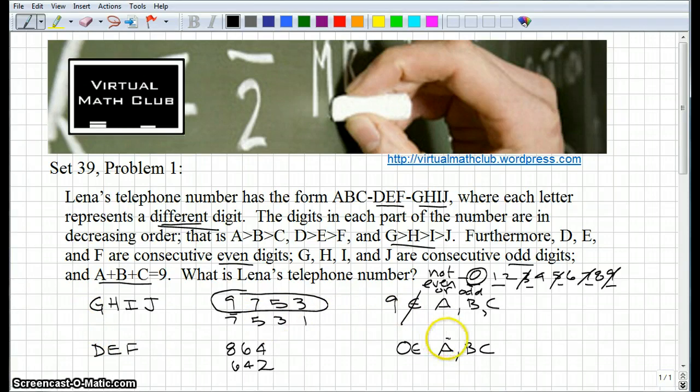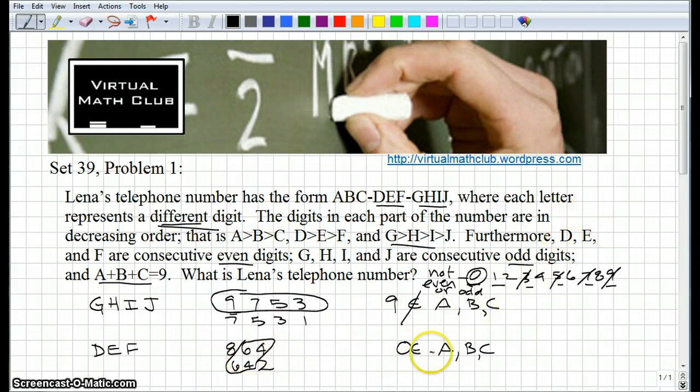So 0 has to be one of the numbers in ABC. So we have two possibilities for DEF. We know basically that the 6 and the 4 have to be in DEF because they're included in both possibilities.